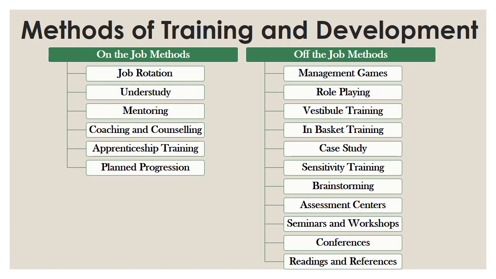Okay, the third one is mentoring. What is mentoring? There are two people in mentoring, like I told you all in my previous video, that is the mentor and the mentee. What do they do? The mentor gives some kind of counseling, some kind of help to the mentee. The mentor would be a senior manager, whereas the mentee could be a junior manager.